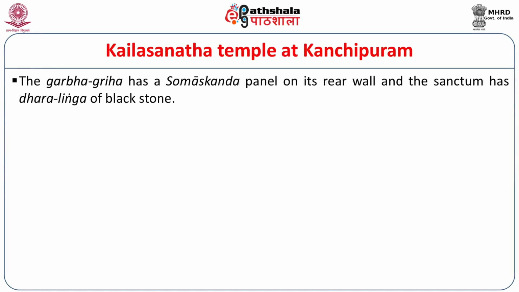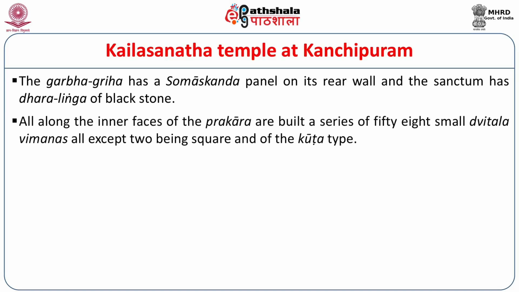The Garbhagriha has a Somaskanda panel on its rear wall, and the sanctum has a Dharalinga in black stone. All along the inner faces of the Prakara are built a series of 58 small Dvitala Vimanas, all except 2 being square and of the Kuda type.